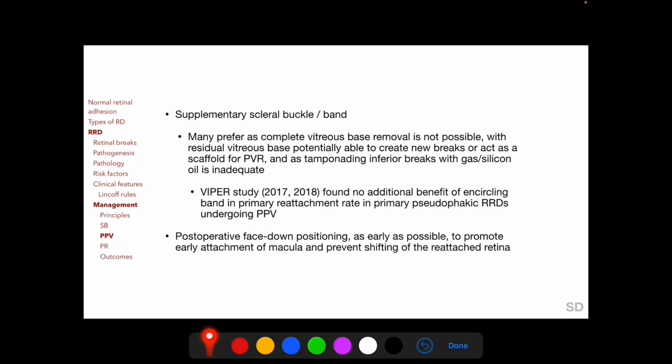Following surgery, the patient is instructed to assume a face-down position as early as possible to promote early attachment of the macula.